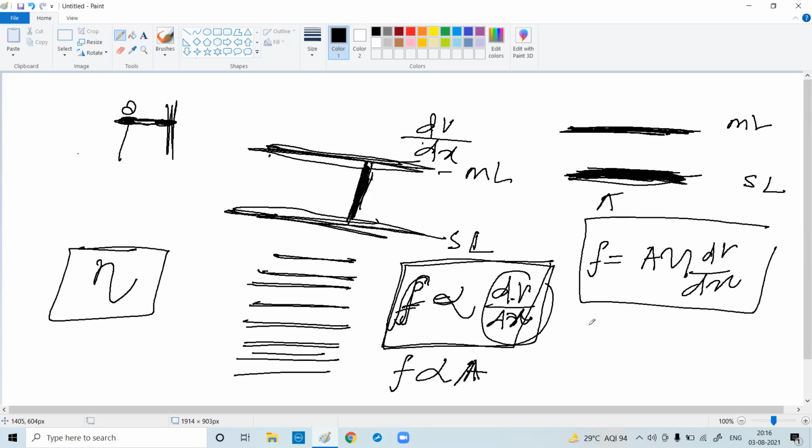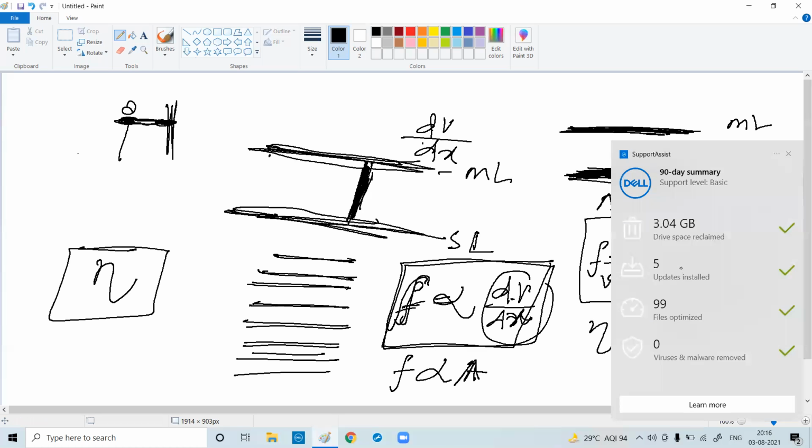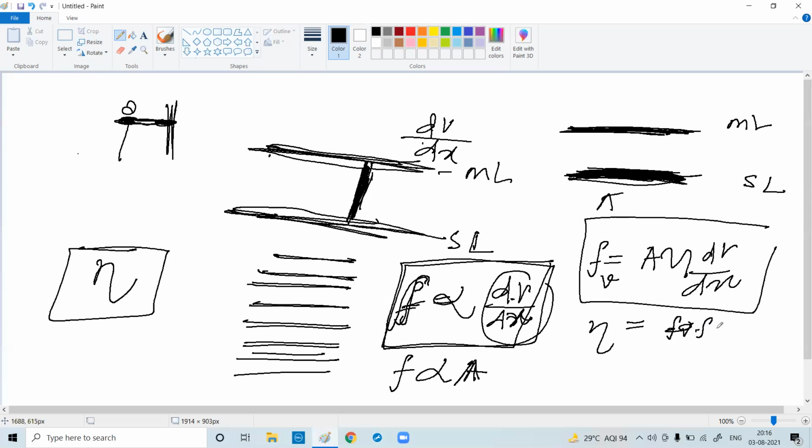Simple. Where this is called the viscous force, Fv. Eta has to go to that side, no? So it will be Fv divided by A into dv by dx.